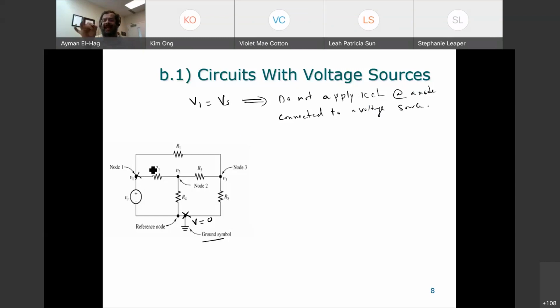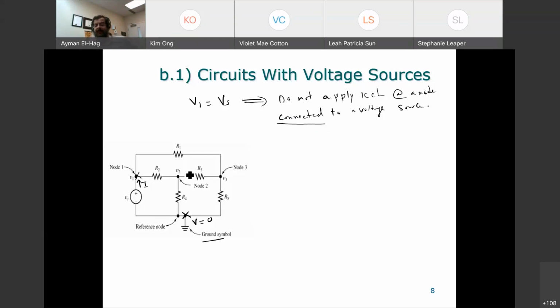We apply KCL in terms of voltages, but we need to have a resistance between the two nodes to find the current. Between this node, there is no resistance. So I cannot represent the current in terms of R. So what I have to do, I have to assume a current called I here. So what I'm doing here, I'm adding an equation with another unknown, which is I. So I don't need to do that. So this is why we don't apply KCL at a node connected to a voltage source. This is something very, very important that you need to pay attention to.